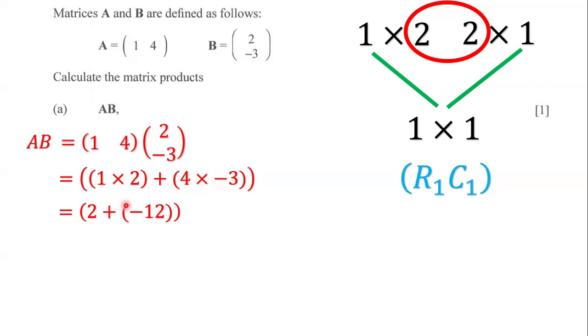A positive multiplied by a negative is definitely a negative. So we have 2 minus 12, which is -10. And so that means that AB is equal to the matrix which contains the entry -10. And that's the answer to this question.